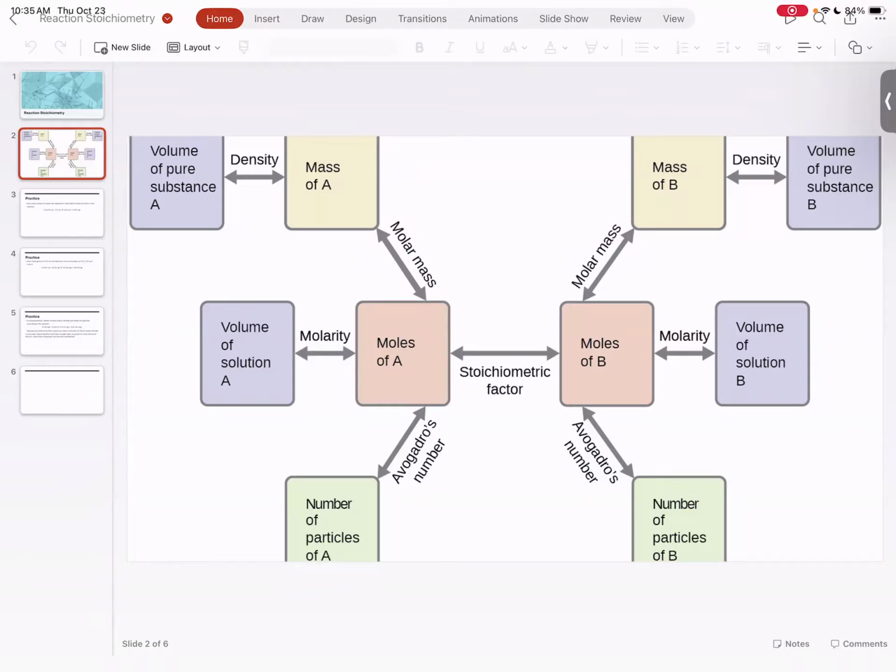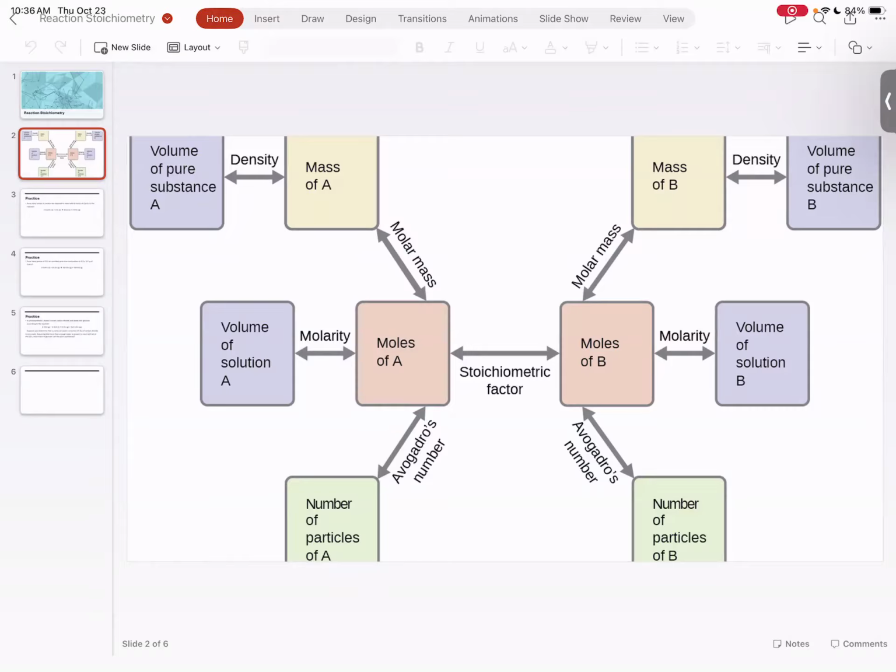In that last problem, I would have 2 moles of butane to 8 moles of carbon dioxide. That is a stoichiometric factor that would allow us to go from butane into carbon dioxide and convert into something completely new. So again, I do plan to print this off for you so that you have a new table that includes the density, because I do like this table with the density factor involved.